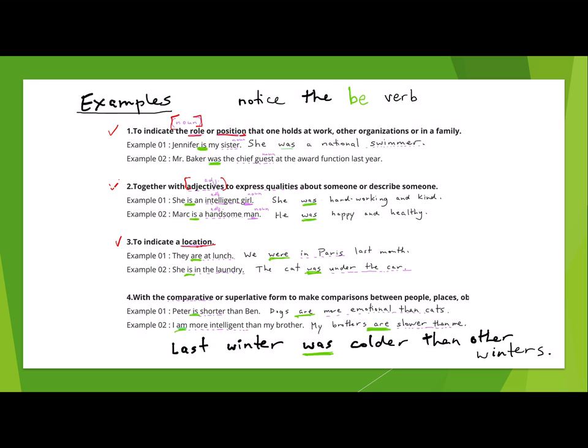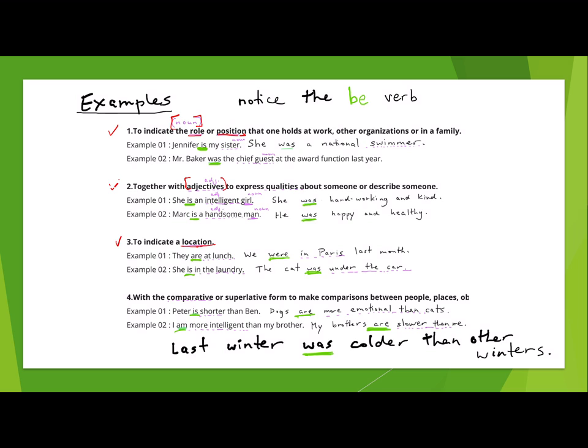Dogs are more emotional than cats. Cats are less emotional than dogs. Dogs are the most emotional animal I know. I am more intelligent than my brother. My brothers are slower than me. My brothers were slower than me.